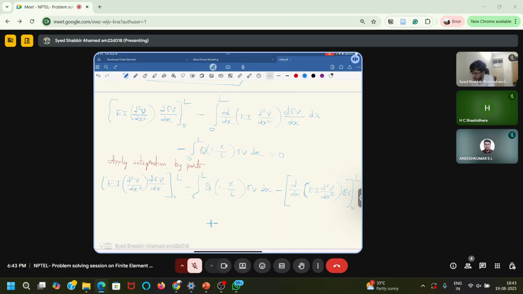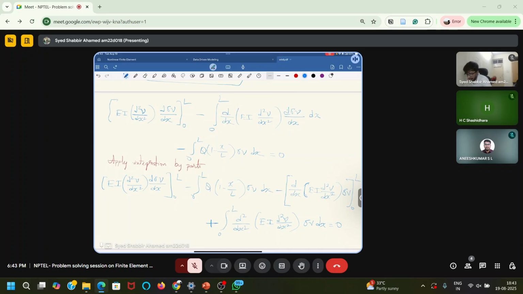So u dash will be the integral from 0 to L of d square by dx square, and our integral v will be delta v, and this will be equal to 0.